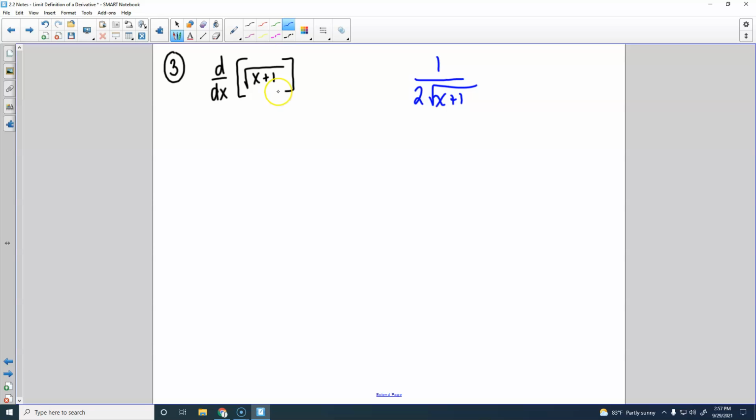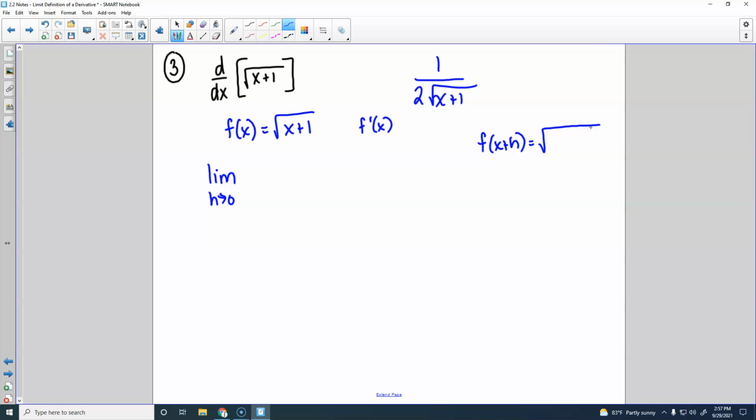Essentially they're telling you that f of x equals the square root of x plus 1, and we want to find f prime of x. That's what it means when you see this notation. So we need to use that formula, limit as h approaches 0 of, I've got to do f of x plus h.